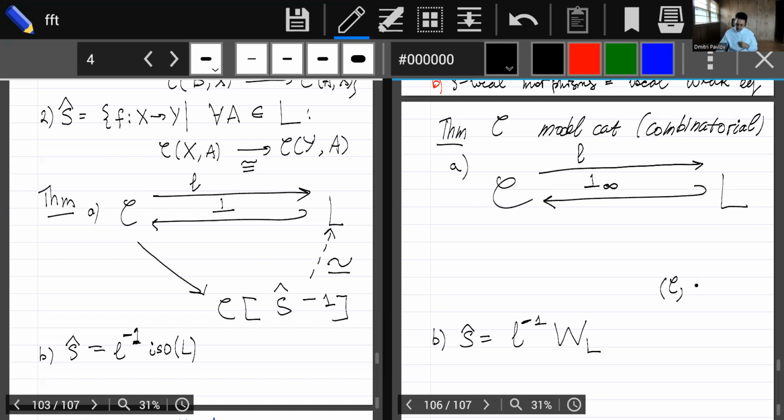So using my notation for relative categories as the underlying category, comma, weak equivalences, I can simply write it this way. So this is the relative category with the same underlying category as C and weak equivalences in S hat.